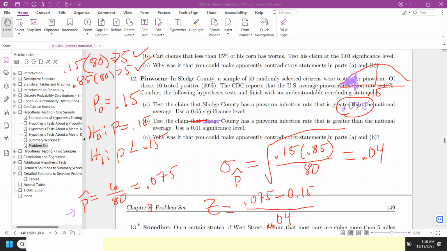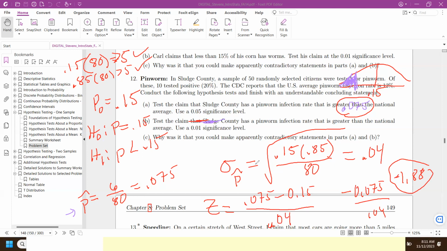So that's negative 0.075 divided by 0.04. I'm getting a z-score of 1.88, and it's negative, sorry. Yes, it's a negative z-score. So now we're going to get the probability of getting a z-score that small.